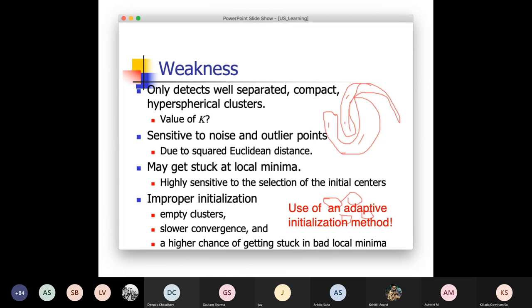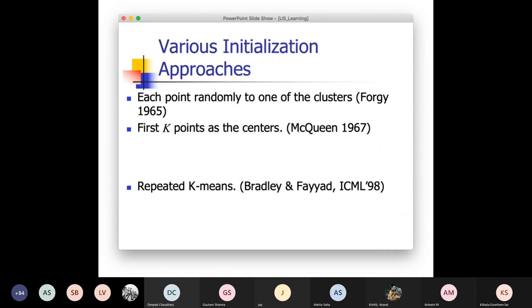There are various methods by which we can overcome some of these limitations, or reduce these disadvantages. Initialization is one issue, so you can use some adaptive initialization method. You can consider that each point is randomly assigned to one of the clusters. Basically, instead of choosing centers arbitrarily from any point in the space, you choose them from the data points.